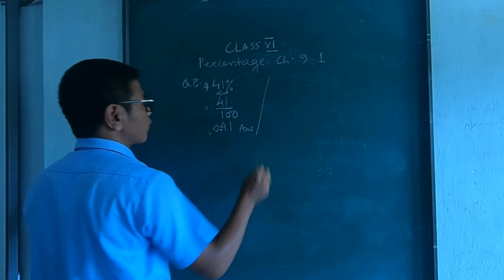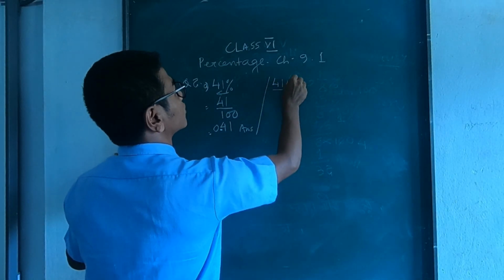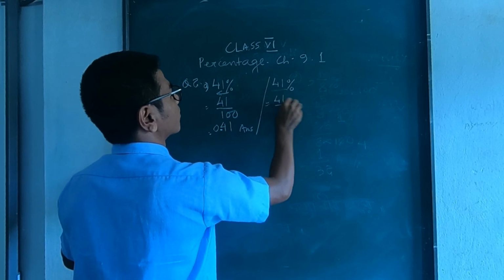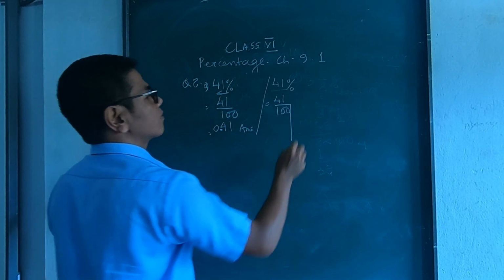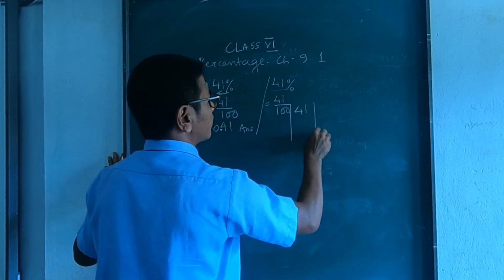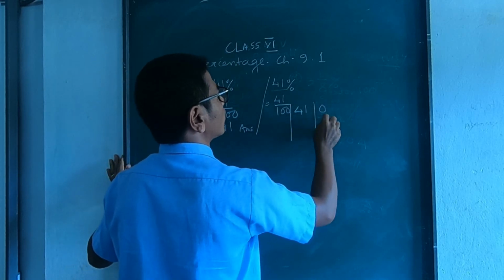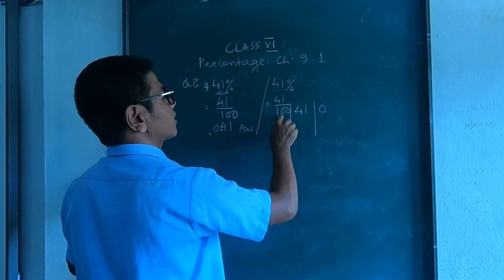The second optional way of doing is 41%. We write 41 by 100. This is the old method. You can divide 41. 41 is smaller than 100, so we put a 0 to tell us this is smaller than this.